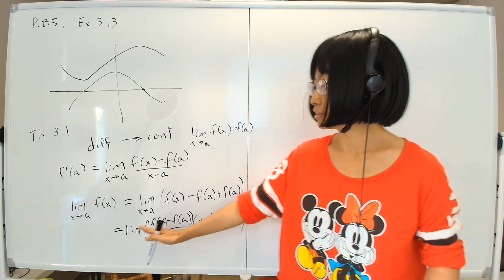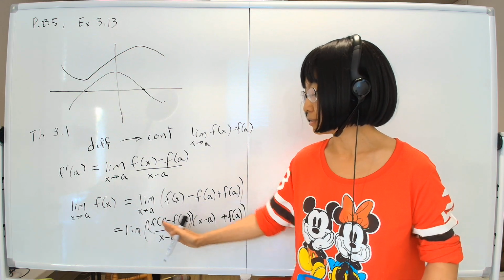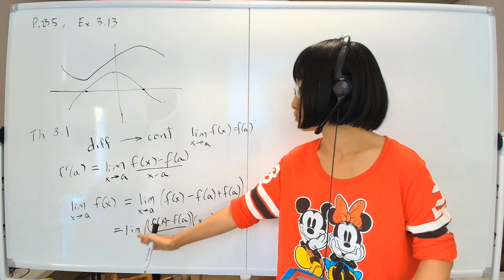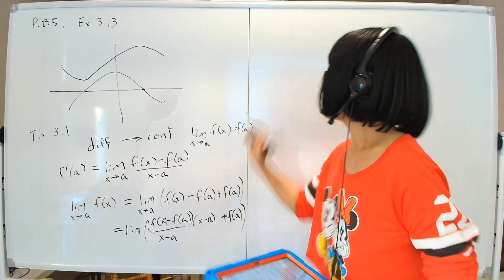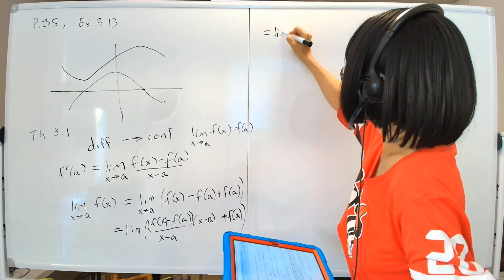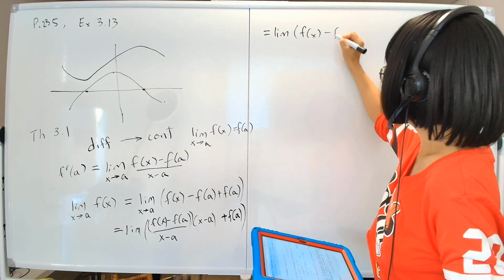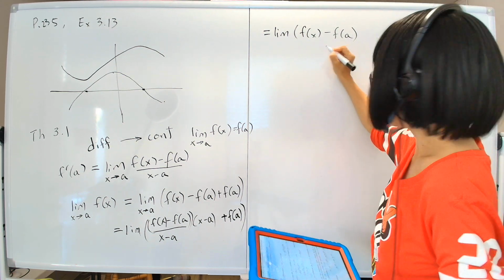Next step, we use the rules of the limit that say that when you multiply by stuff, you can take the limit apart, so that it will be the limit of each item. So next, it equals the limit of the first thing, f of x minus f of a, divided by x minus a.